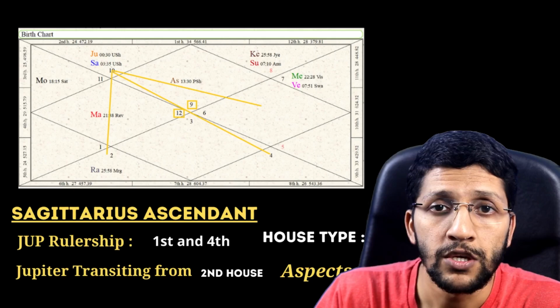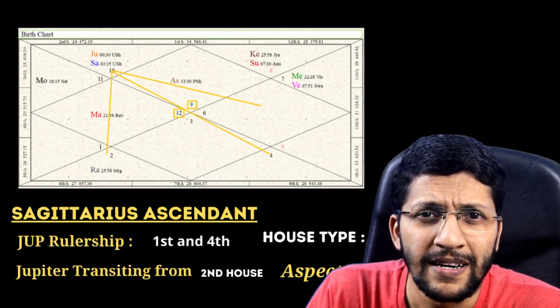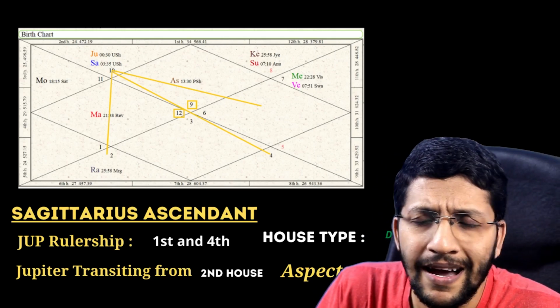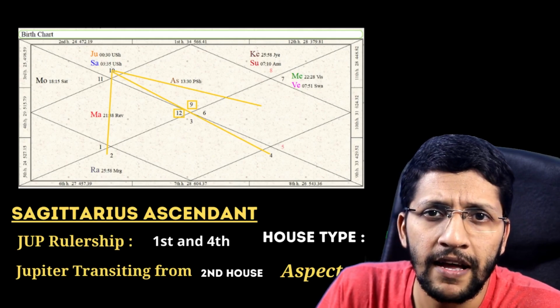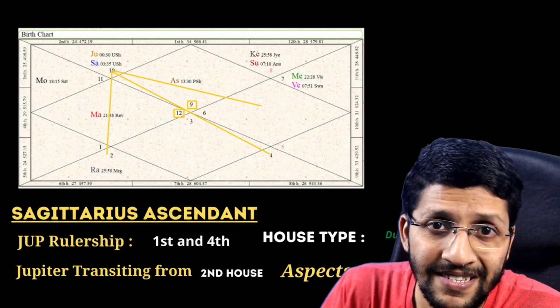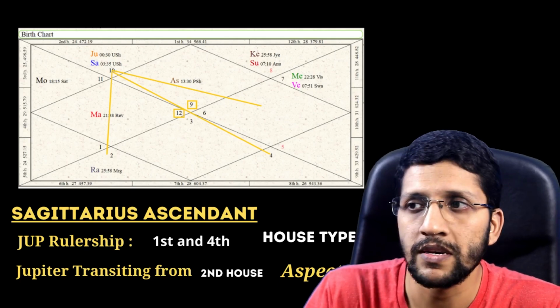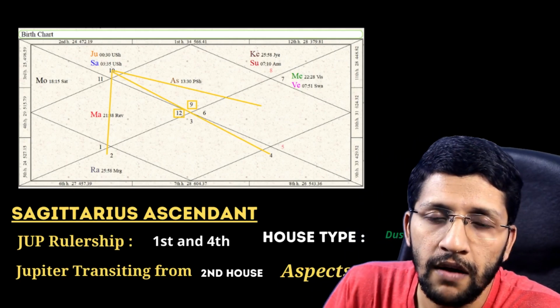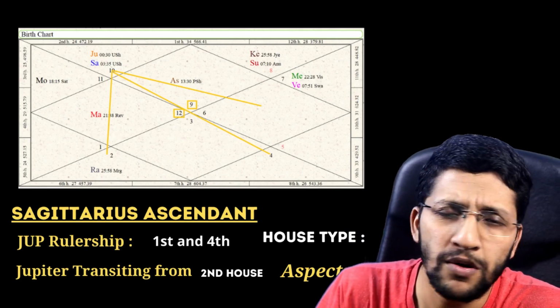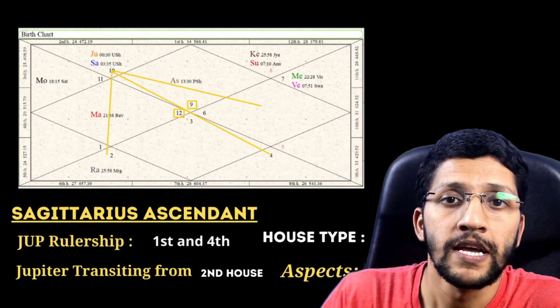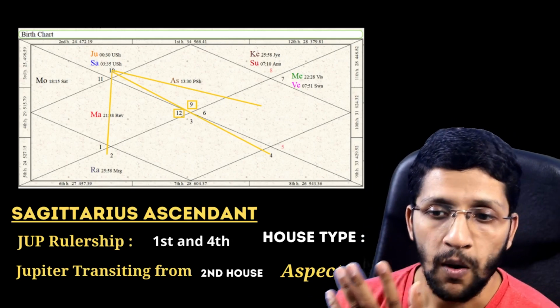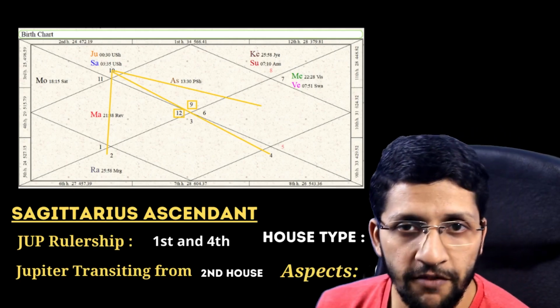Like, you are not aware of the investments, and somebody comes into your life and tells you about how to invest in stocks, how to invest in mutual funds, or how to invest in bonds and all sorts of instruments. He will make you aware of it, which will bring in money for you.